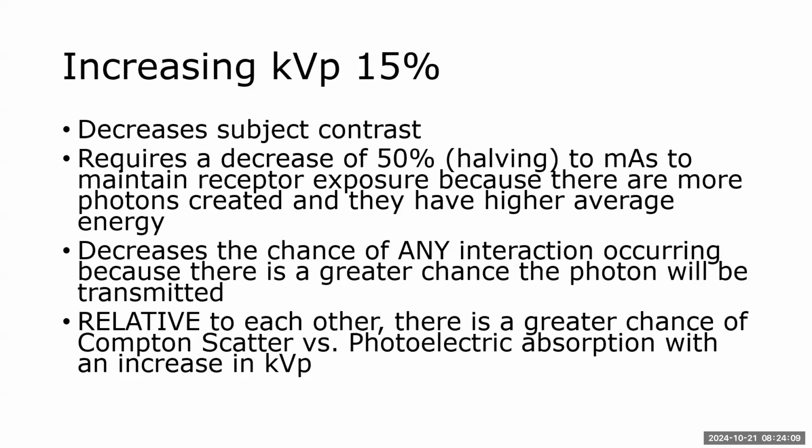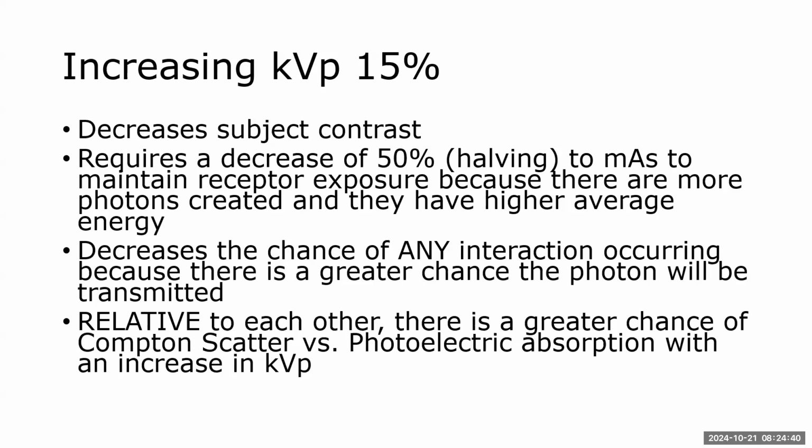Is it making sense so far? This should sort of seem like review, I hope. Can you repeat the doubling part? Yes. What doubles? When we increase kVp 15%, the question is what effect that has on receptor exposure. Well, increasing kVp 15% actually doubles receptor exposure. It has the same effect that doubling the mass has on receptor exposure.